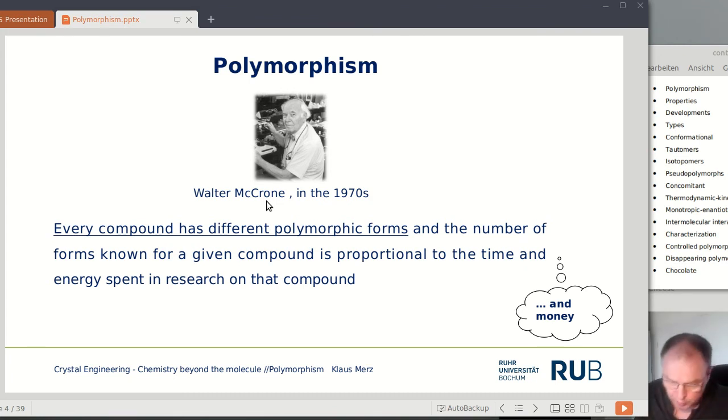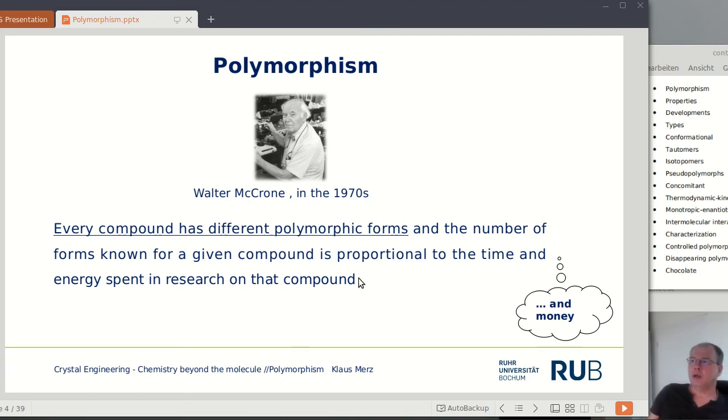And it's only a question of how intensively you investigate the molecular arrangement of substances in the solid state, proportional to the time and the energy, and I would say the money you are able to put in, you will find polymorphic forms of one compound.